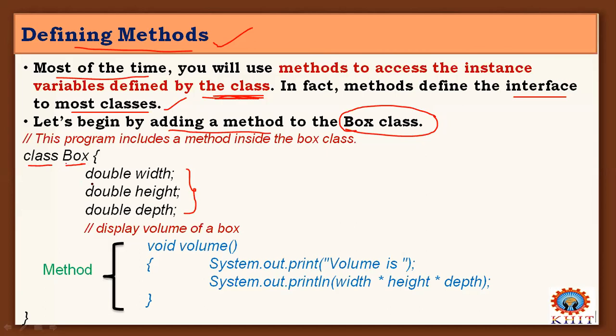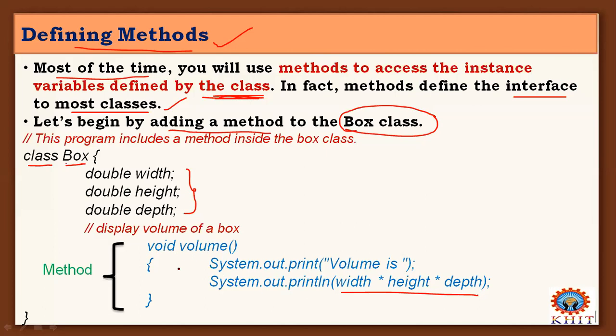Now, to calculate the volume of the box, I need an operation on this data. So I need a method that calculates the volume of the box. To calculate the volume of a box, I have a formula: width multiplied by height multiplied by depth. The product of these three data of a box gives the volume of the box, right?